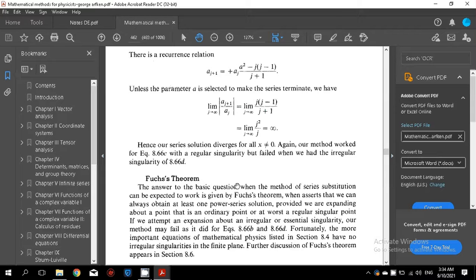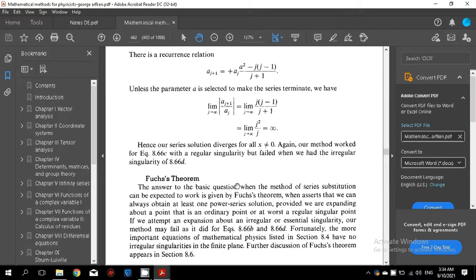So now what is Fuchs's theorem? Fuchs's theorem states that if the point of expansion is a regular point, then you will get both solutions from the series method. That is the first step.